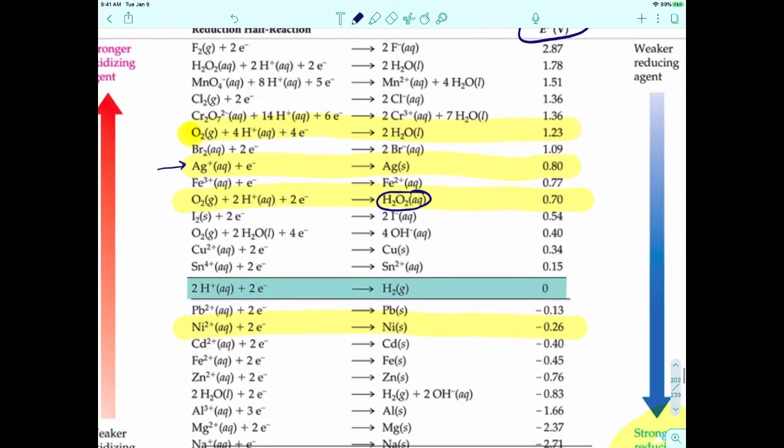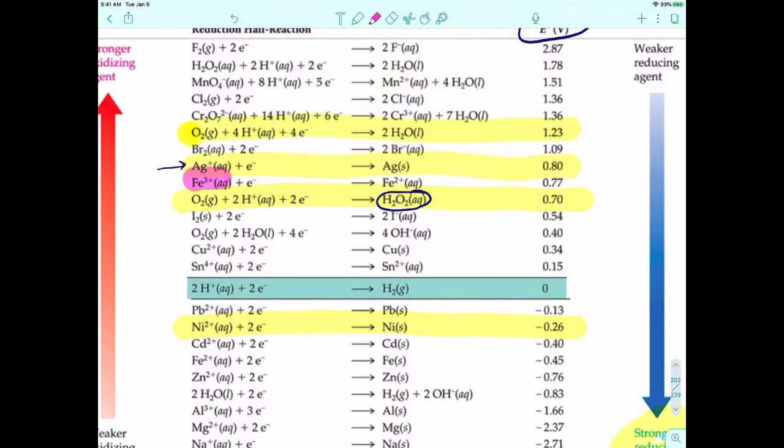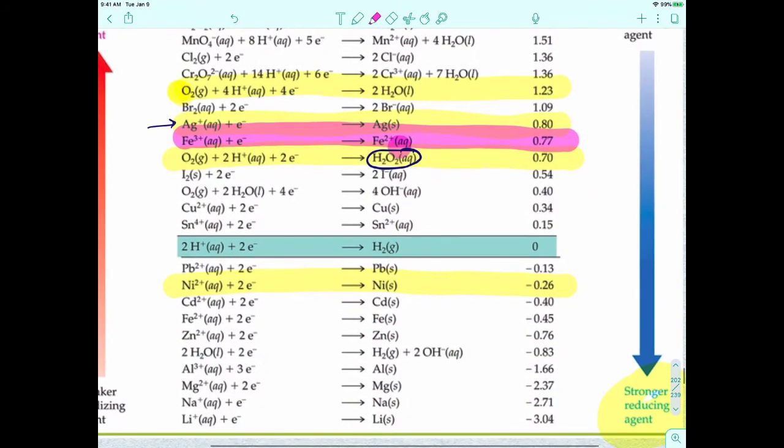I'm going to do this in a different highlighting color, so let me use pink here. Here is the iron: Fe3+ plus an electron gives us Fe2+. And then we got a voltage. And then we've got to look for copper. So copper 2+ plus 2 electrons is right here.